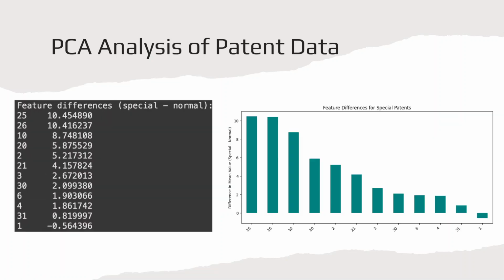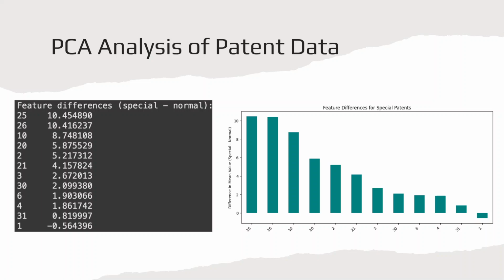From that, we can combine them to create a feature difference ranking between all of the points and the features so that we can find out not only what's driving the PCs, but more importantly, which features are most important in creating a patent that's special. Looking at this, we can see that features number 25, 26, and 10 are the most important drivers of these special patents.